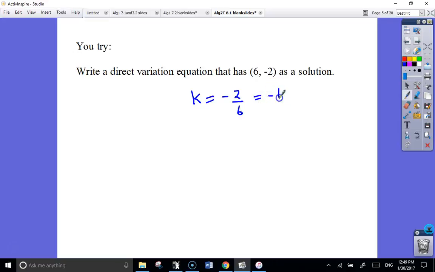Negative 1/3, right? So what is the direct variation? Yep, done.